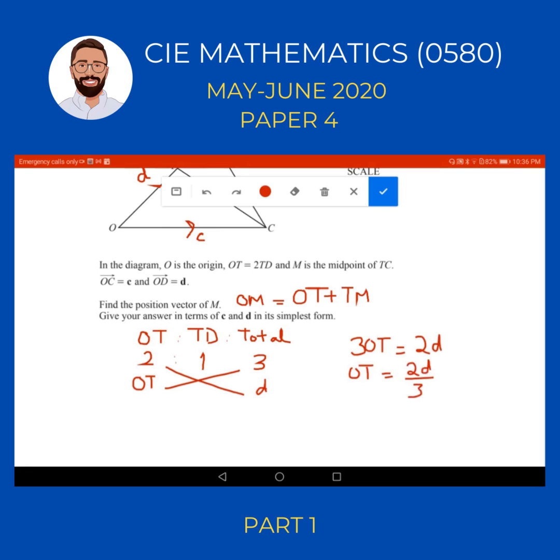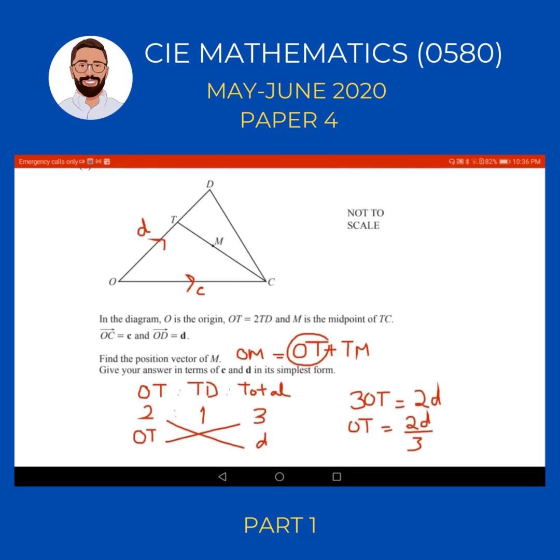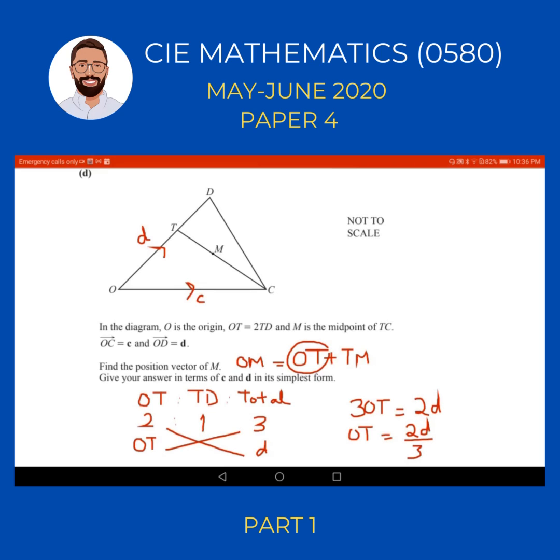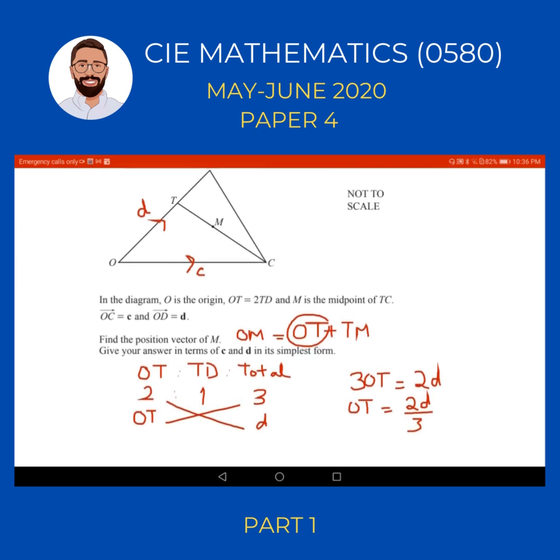And that's OT. Now to find OM, back to the equation, I need OT, and OT is 2D over 3. Now let's find TM. Now we are given that M is the midpoint of TC. So if I find TC and I divide TC by 2, I will get TM. Now how can I find TC?